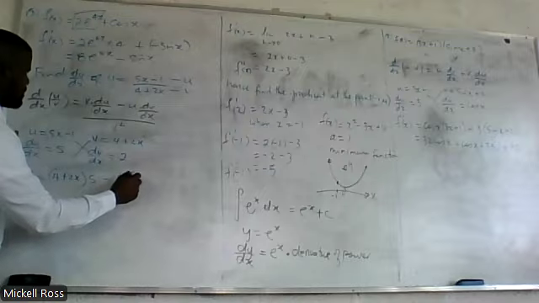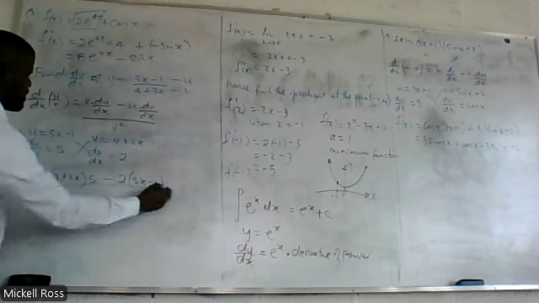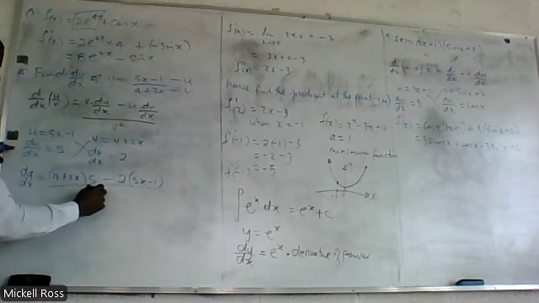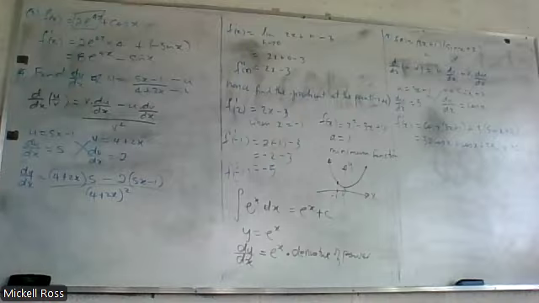And then minus 2 times the 5x minus 1, all divided by v squared, which is 4 plus 2x all squared. All right, let's simplify.